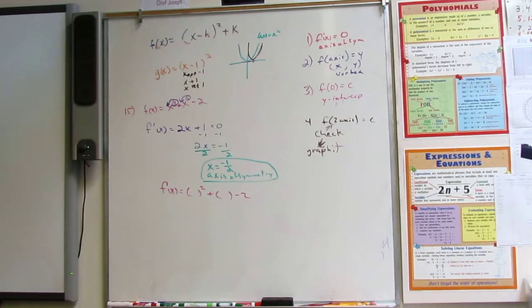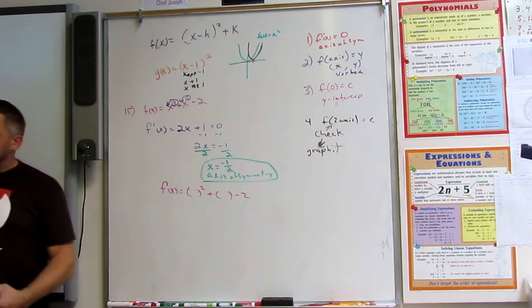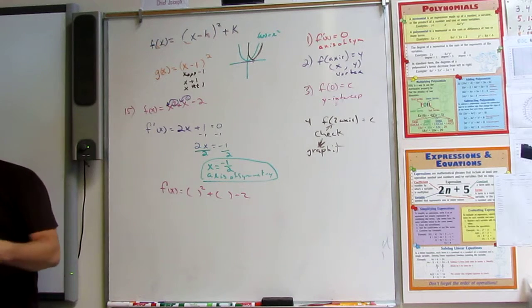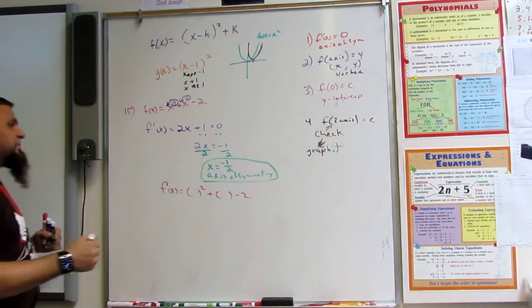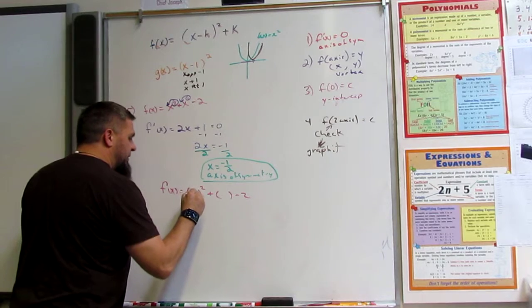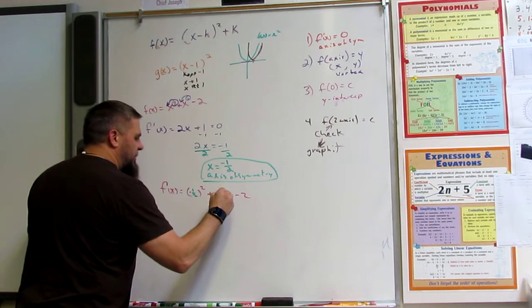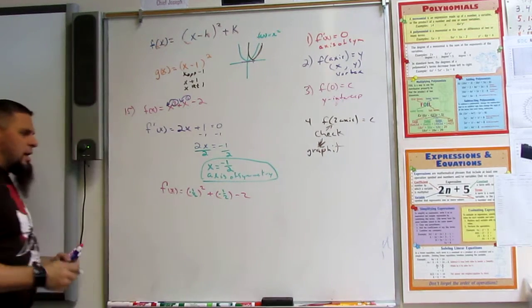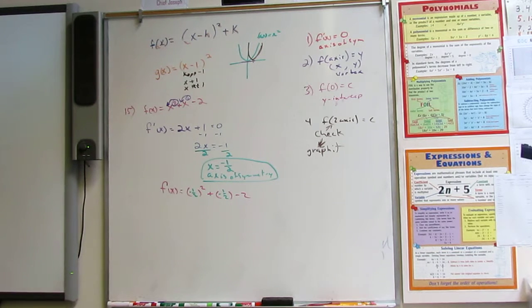And you notice every time I said the variable, I wrote the parentheses. Okay? You want to keep it as simple as possible. Throw in your parentheses, so now I can plug things in. -1/2, right?